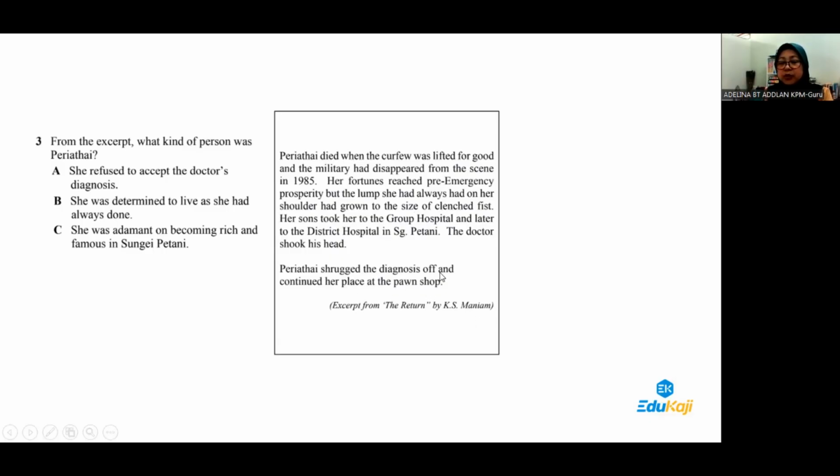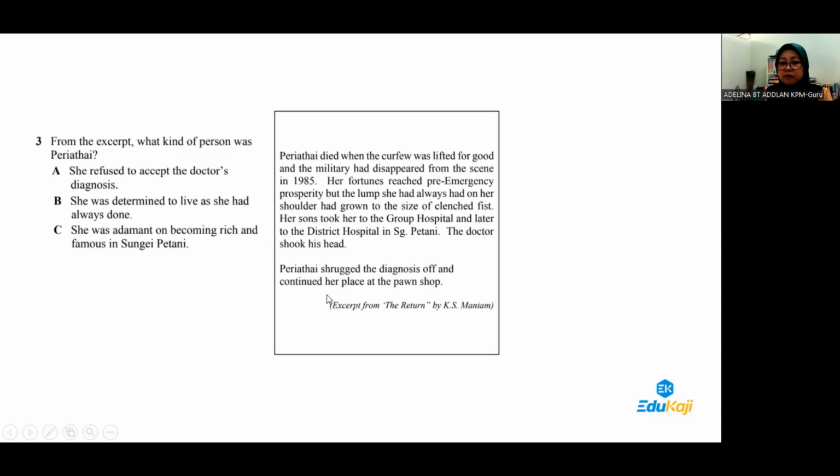Piriatai shrugged the diagnosis off and continued to place at the pawn shop. If you were to read The Return by K.S. William, you would know what this story is about. Here in the text, it is talking about the personality of Piriatai. Therefore, among the three choices, you could see that she refused to accept the doctor's diagnosis. The word that I'm trying to highlight here is the word shrug.